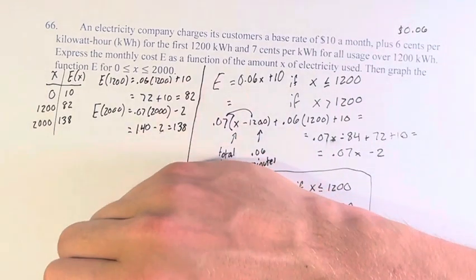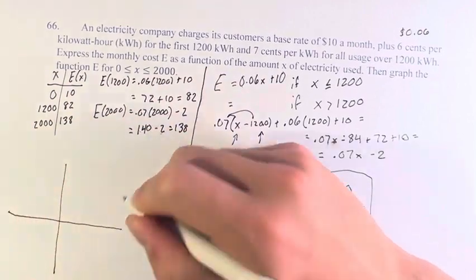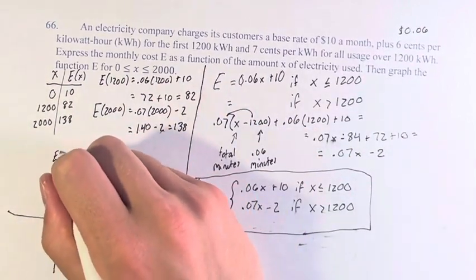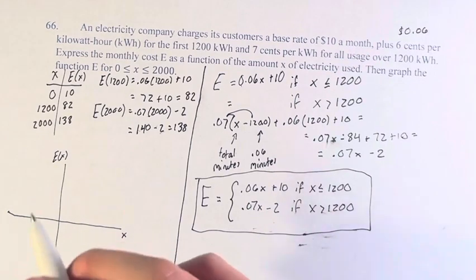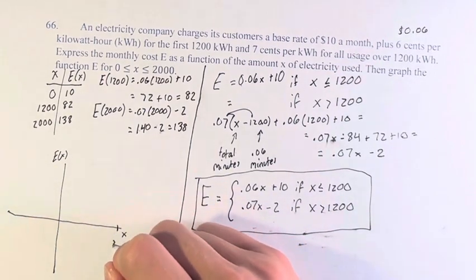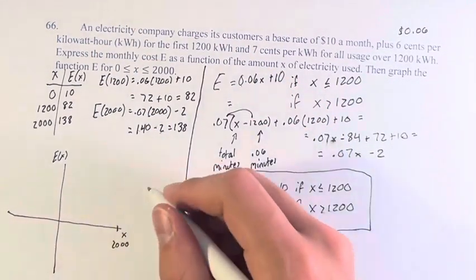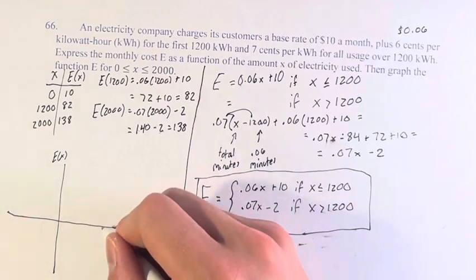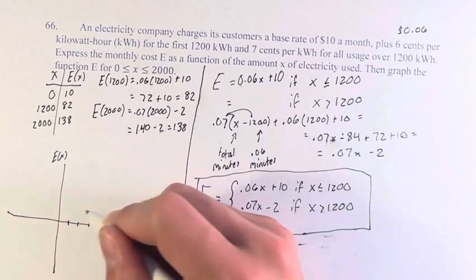Okay, now we can graph E of x in the xy plane. We have E of x here and x here. So we are up to 2000 hours on the x-axis. If I've been saying minutes, it's just hours. And we can do this as 1, 2, 3, 4.